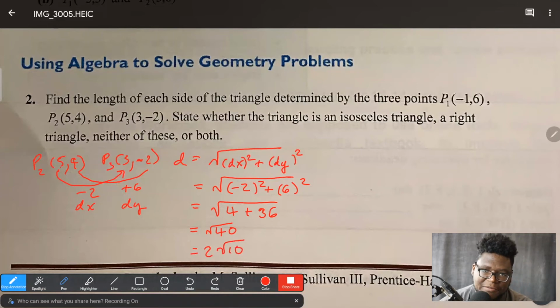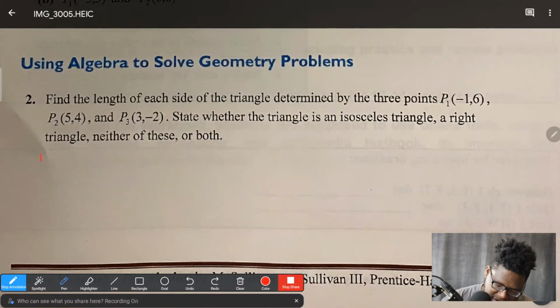Now, once again, I'm just doing it 2 different ways, but you can also use the distance formula, just plugging in x2, x1, and y2, y1. And then last but not least, let's look at P1 and P3. So for P1 and P3, we've got (3, -2), that's P3, and (-1, 6), that's P1. I'm going to use the distance formula this time.